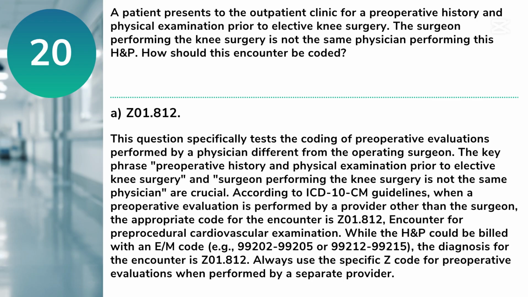While the H&P could be billed with an E/M code, e.g., 99202 to 99205 or 99212 to 99215, the diagnosis for the encounter is Z01.812. Always use the specific Z code for preoperative evaluations when performed by a separate provider.